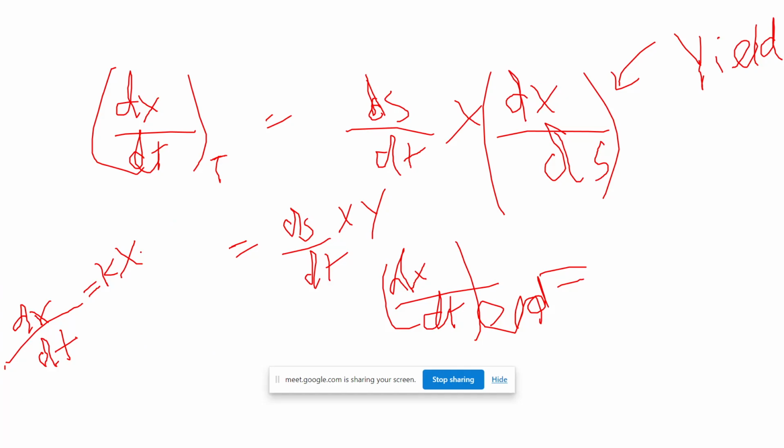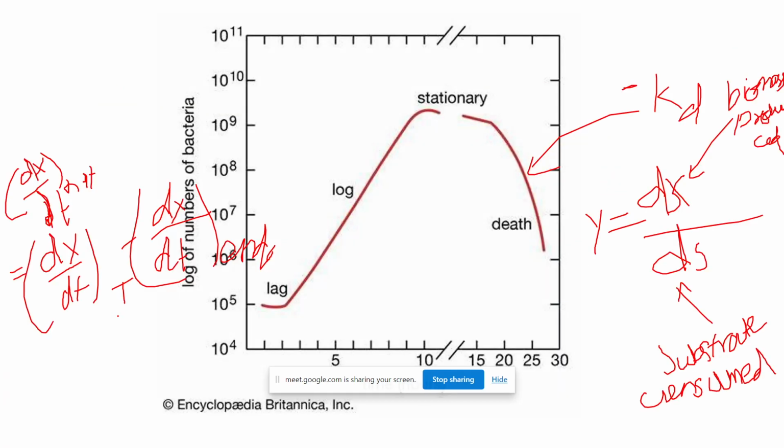You consider this as first order, that is the rate at which the endogenous respiration takes place. So it will be like k to the power 1 into x. So what is k in endogenous respiration, in the death phase? I have given it here now. Can someone tell what is k in case of endogenous respiration, that is death phase?